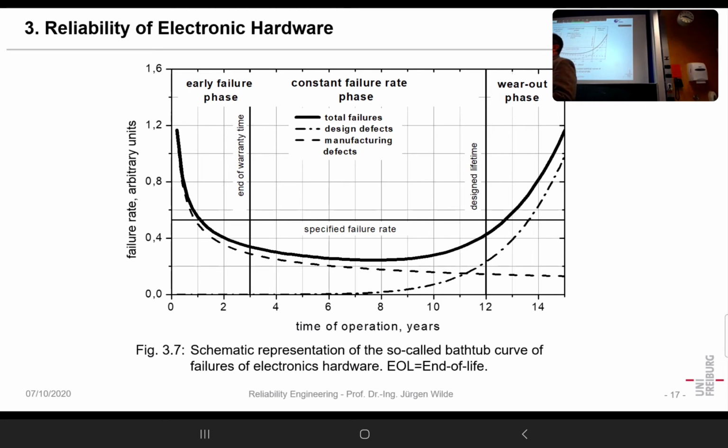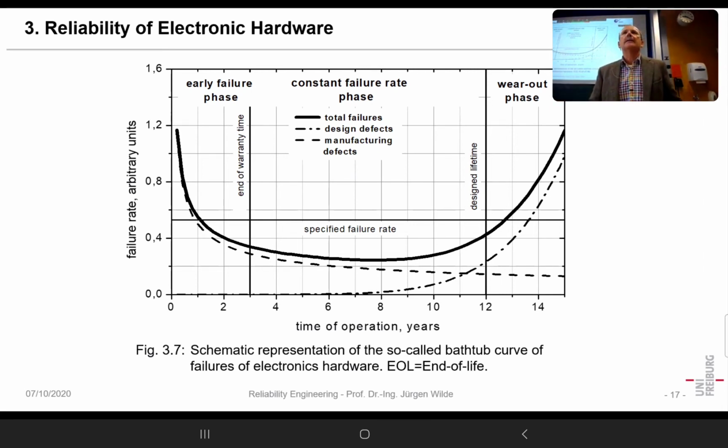Typically, a car which has been used for 10 years, you could say it's finished. It will break down with this and that. For people over, let's say, 75 or so, the rate of death is increasing. It's somehow near the end.